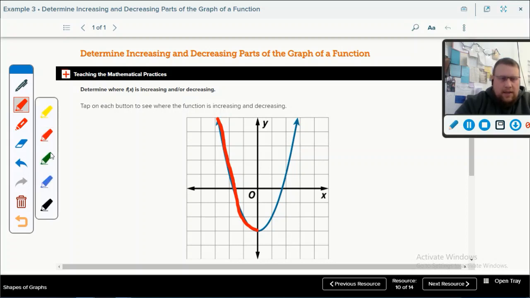Then what happens at that point? It begins to increase, increase, increase, increase. Boom. So we see that we have a relative minimum. So remember, if it's decreasing approaching it and increasing afterwards, then that would be a relative minimum. And that point occurs here on the y-axis. All right?